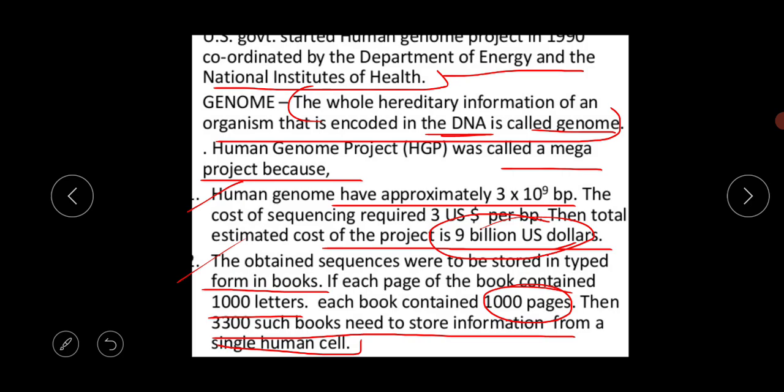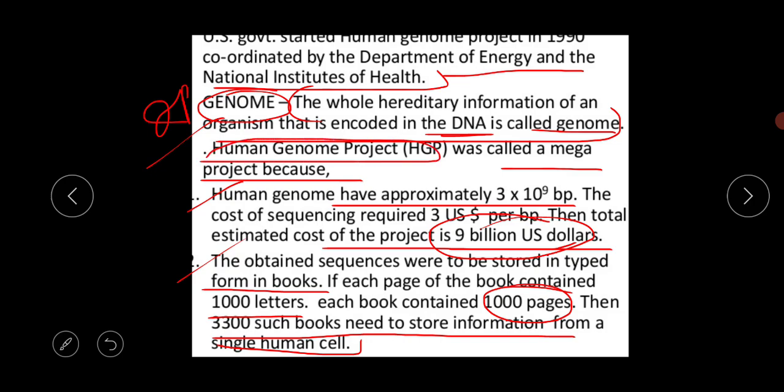The first thing is the basic things of the genome. This is also important for your 1 mark question: what is the basic definition of the genome, how many genomes are there in our body, how many genes are there in our body. Second thing is what is HGP, what is the meaning of this HGP.